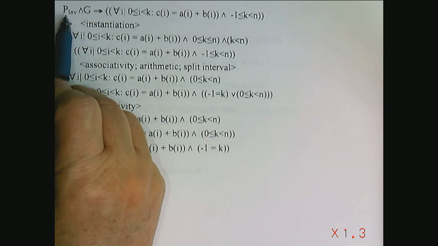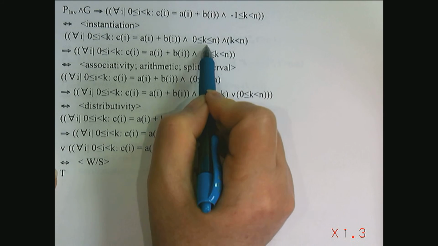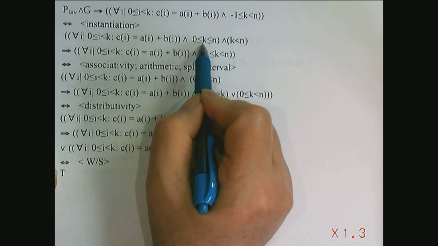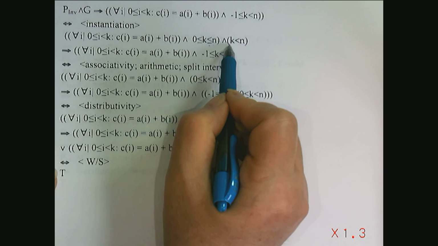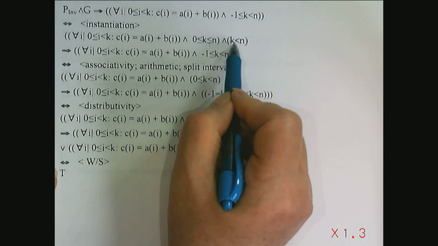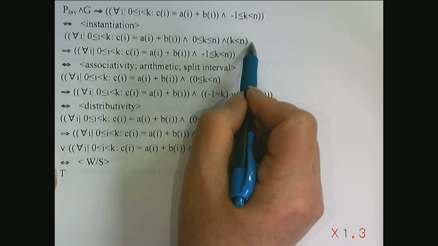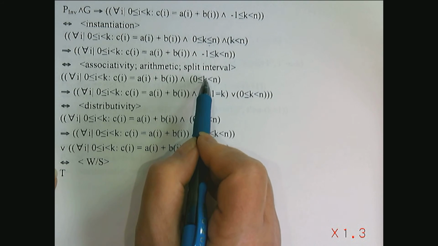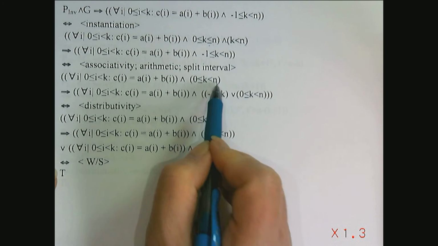Let's instantiate now for the invariant and the guard. Notice that both the invariant and the guard have intervals that tell us the range of k. According to the invariant, k is between 0 and n including n, and the guard says it's strictly less than n. If I use associativity and then perform arithmetic, I can rewrite that as k is between 0 and n, not including n.